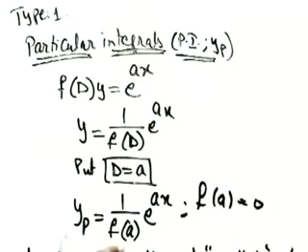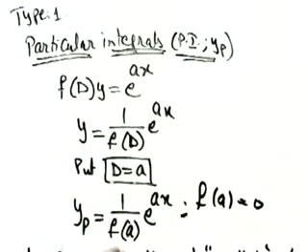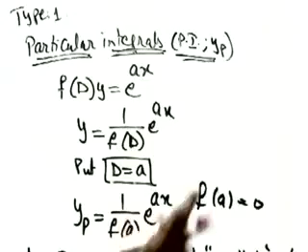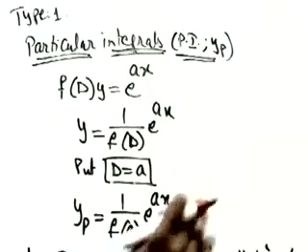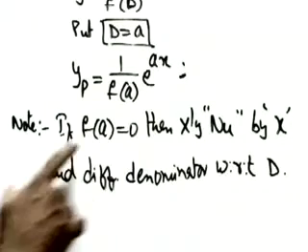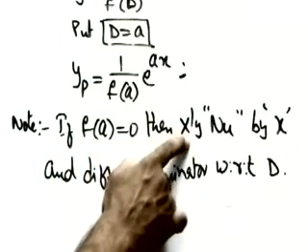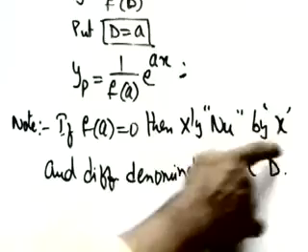Suppose f of a equals 0, then we cannot find it. If this becomes 0, 1 by 0 is infinity, not defined, so we cannot use this formula. So when f of a equals 0, we have to change the method. There are many methods for that. I'm using one method. If f of a equals 0, what do we do?